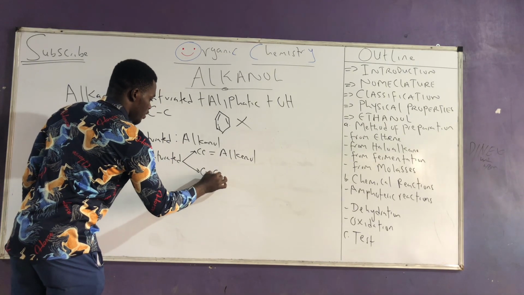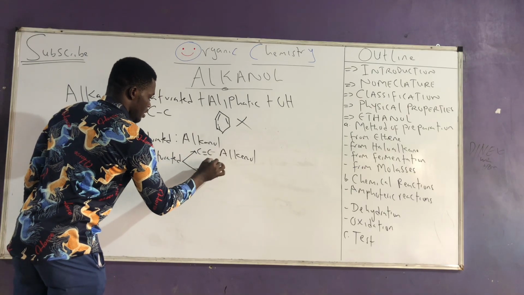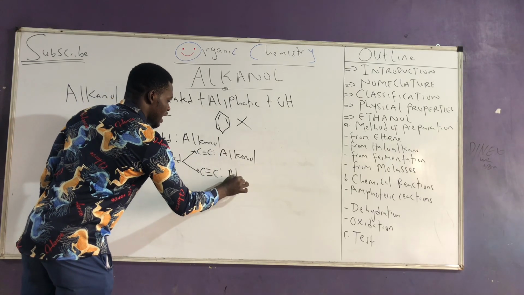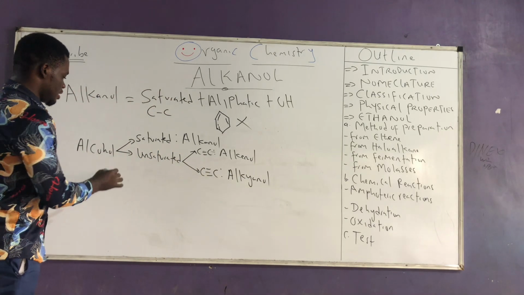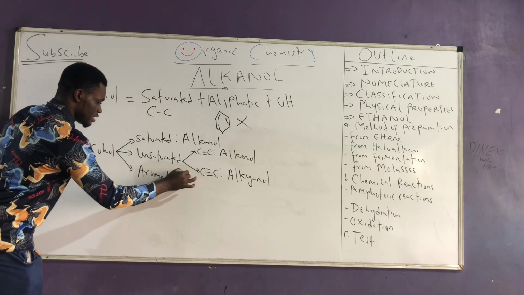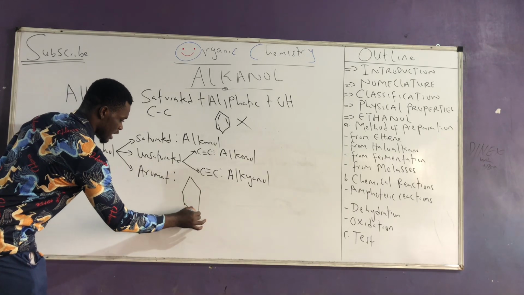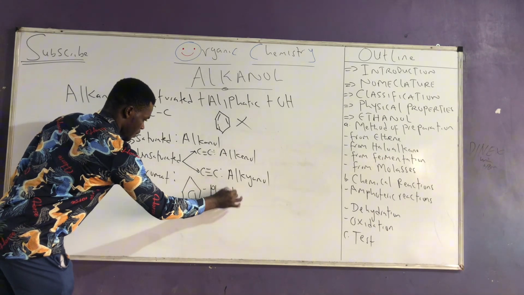If the carbon to carbon is a triple bond, it can be an alkynol. Likewise, if it is aromatic, for example, it has a benzene ring, we can typically refer to them as phenols.